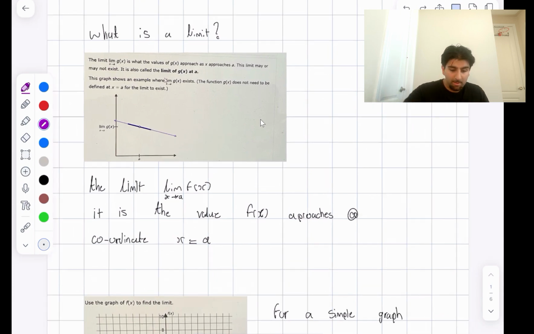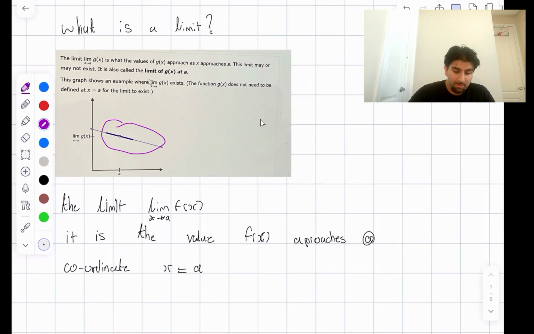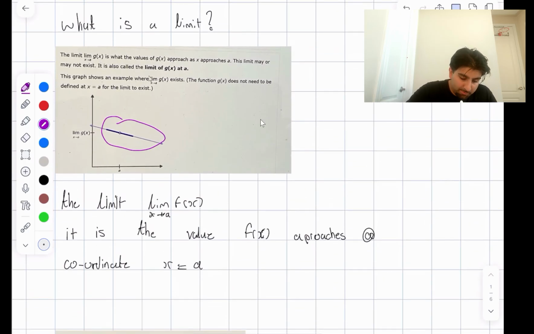Okay? So a limit defined: where is this function going as it approaches some value a? So the limit of g of x as x, so this is the x-axis, approaches a is here and is on the y-axis, okay?